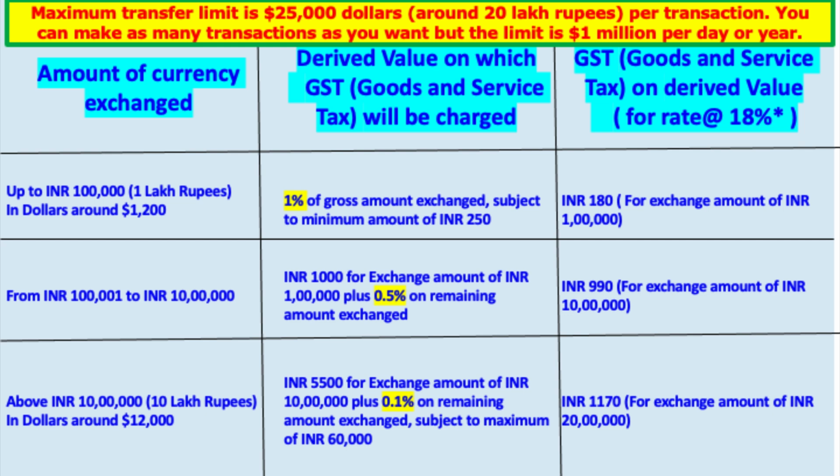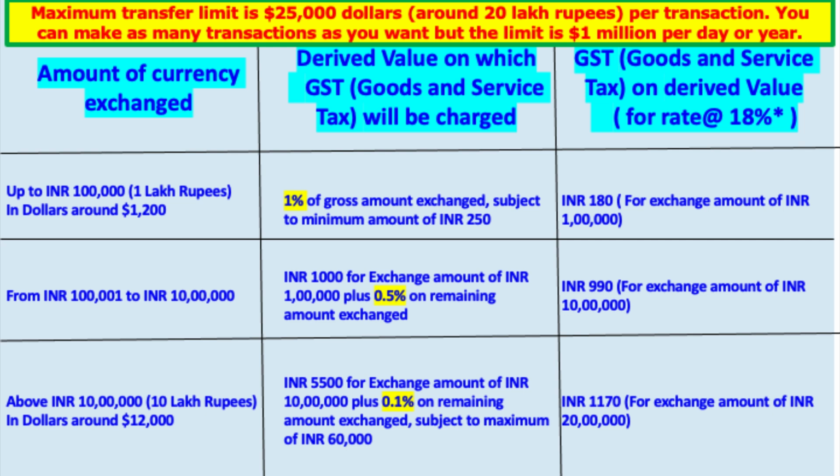So here, amount of currency exchanged. If you transfer 100,000 rupees, which is 1 lakh rupees, in dollars it's around $1,200. So these are the fees you pay: 1% of gross amount exchanged, subject to a minimum amount of 250 rupees.